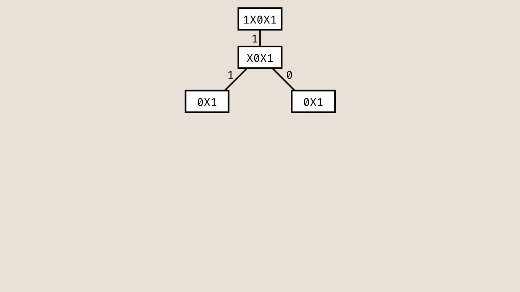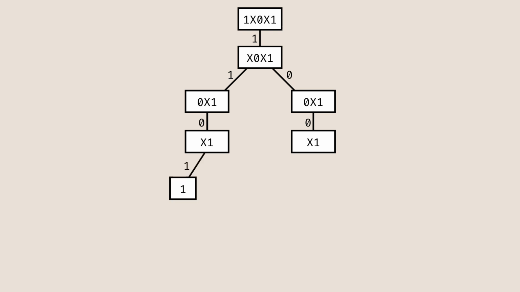And now if we just look at the left-hand side, let's say we're shrinking that left-hand node. Well, from here, if I just have a 0 at the front, then I only have one option, just remove the 0. And likewise on the right-hand side, right, just removing the 0. So I don't do any branching too heavily here. If I go back to my left-hand side, I have an X at the front. I could treat that X as a 1, or I can treat this X as a 0.